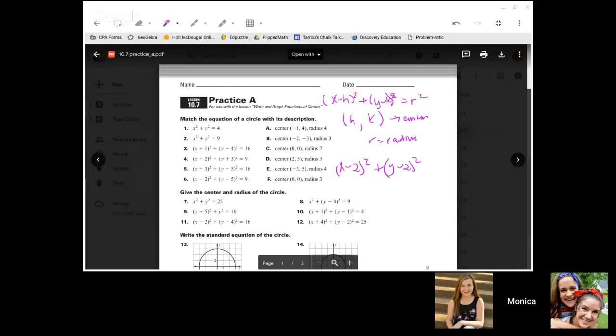But if your center is at negative 4, then it would be x plus 4 and y plus 4, okay? Does that make sense? Okay, so I'm thinking it doesn't make super sense, right?